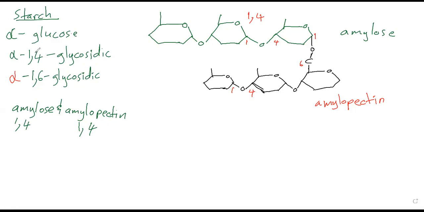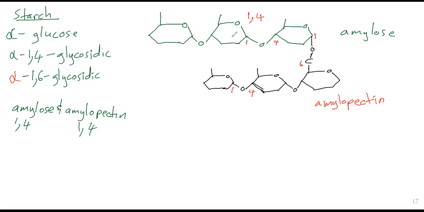In amylopectin and amylose, it's 1,4. Unless they ask for all of them, you only state 1,6. If you put 1,4, it's wrong, because 1,4 is either amylose or amylopectin. Starch is made up of the two of them, so you have to mention the 1,6 link. And that is how you do starch.